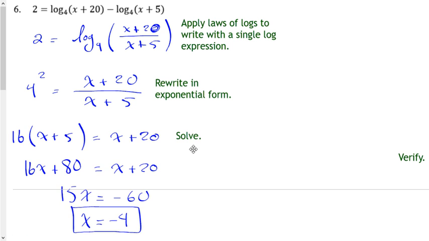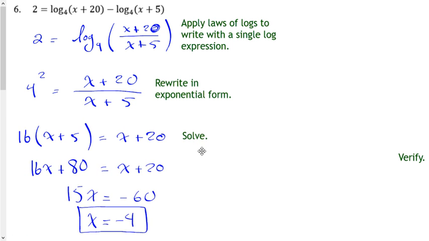And there I get a solution of x equaling negative 4. Now initially you may have some flags going off or some bells ringing, saying, oh, x is negative, we can't have a negative value. But when we verify, notice I'll have an x plus 20, so a negative 4 plus 20 gives me a positive 16. That's acceptable.